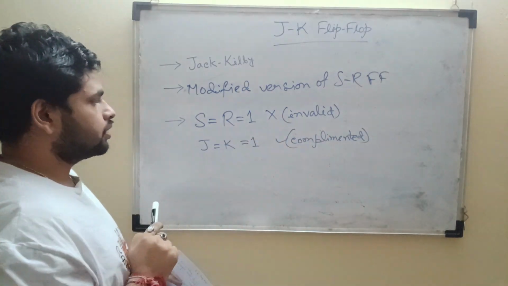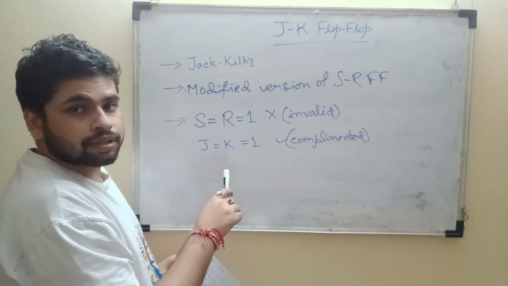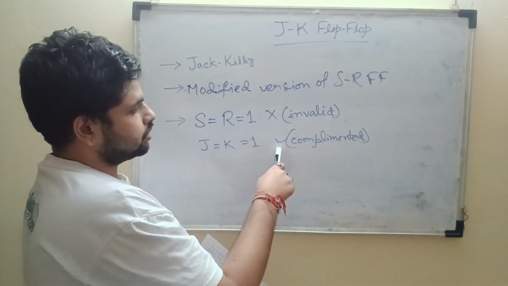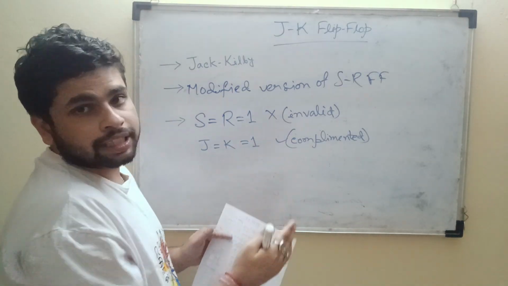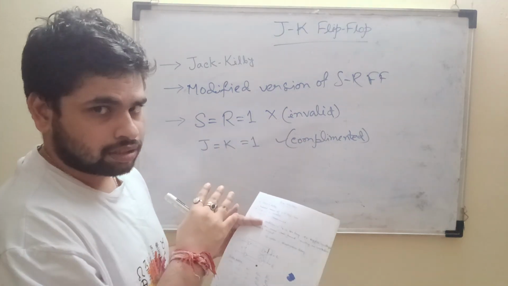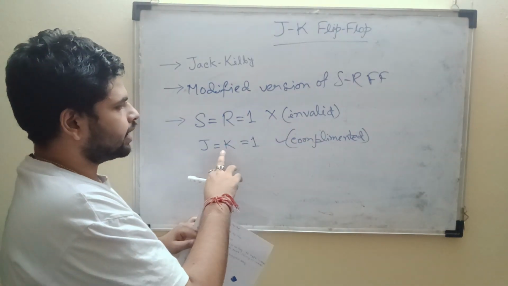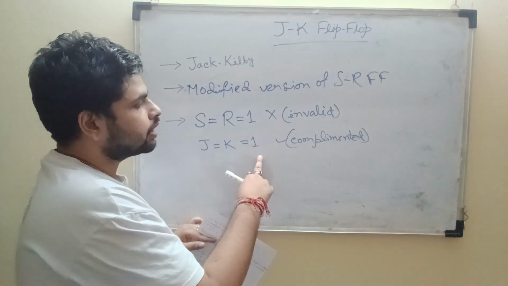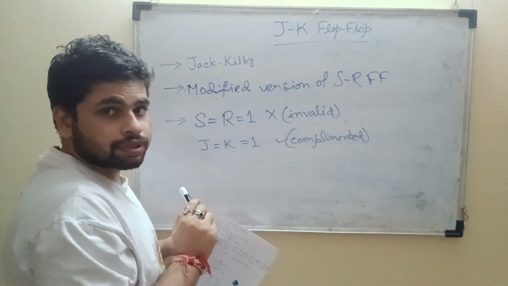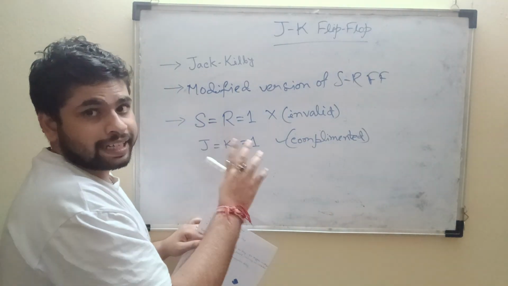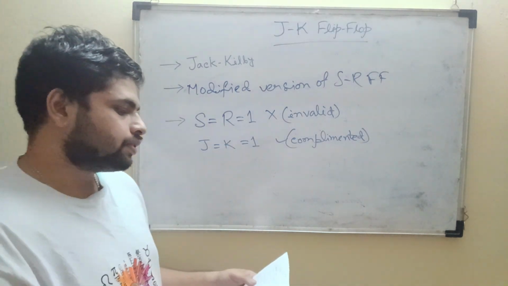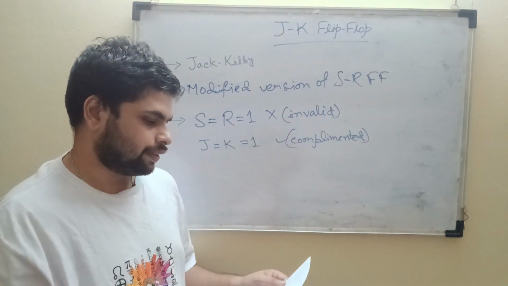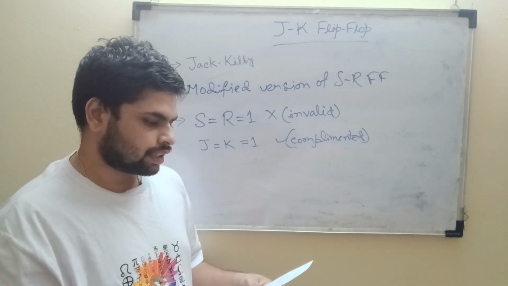But in the JK flip flop, the outputs of the flip flop get complemented to each other. So when J and K are both 1, the outputs will be complemented and there will be a valid output. That's why we had to modify the SR latch to a JK flip flop.